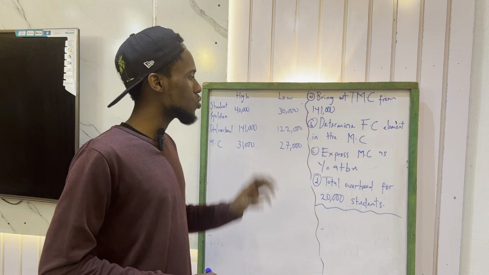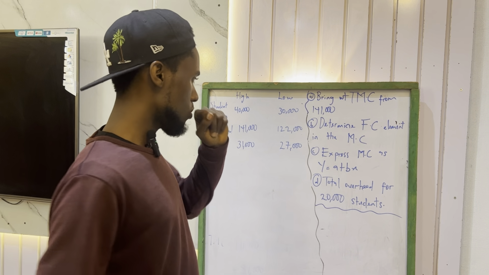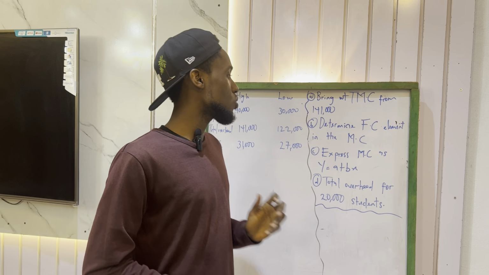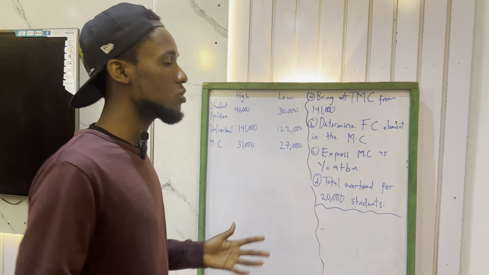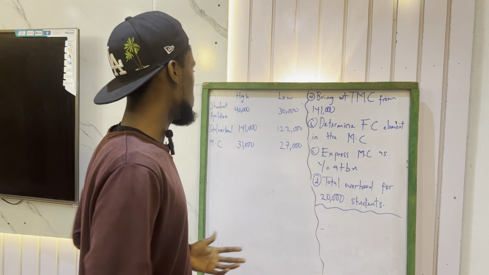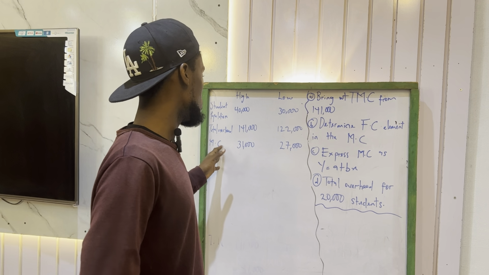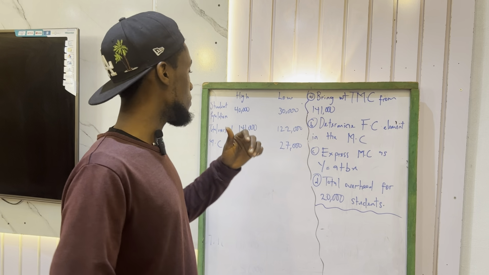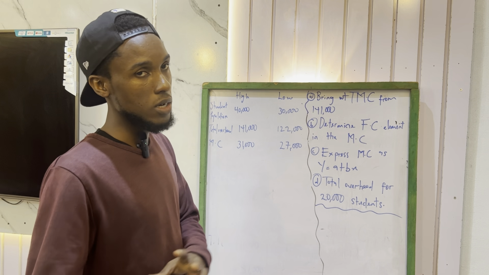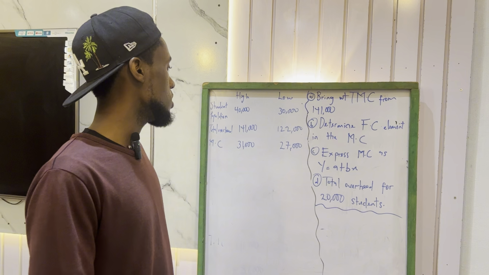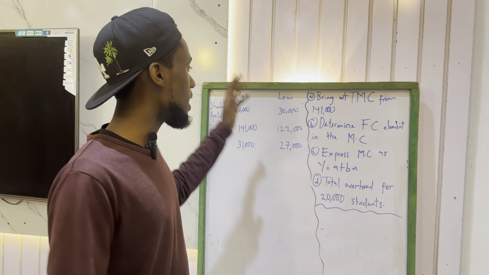So now they asked us to determine the fixed cost element in the maintenance cost. Now you'll be asking, all right, the mixed cost element you said is a combination of variable cost and fixed cost, in the maintenance cost. So which side are we going to be using, the high side or the low side?